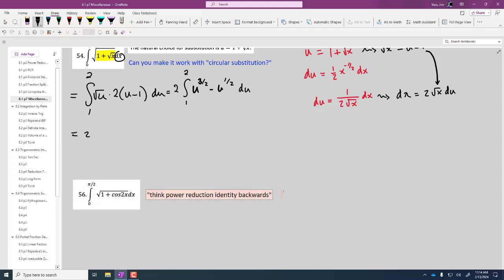All right, so we have 2 times, this looks like one of the ones on the exam also. So that's u to the 5 halves times 2 fifths. And then integrating u to the half, that's u to the 3 halves times 2 thirds. That's going to go from 1 to 2.